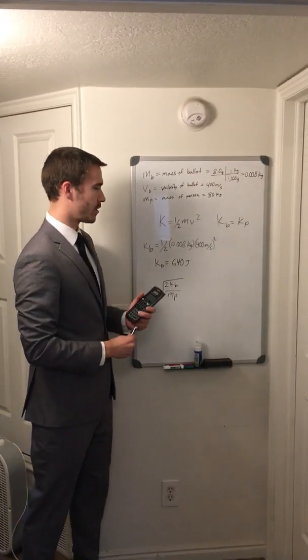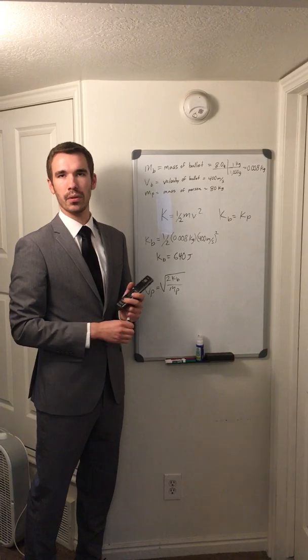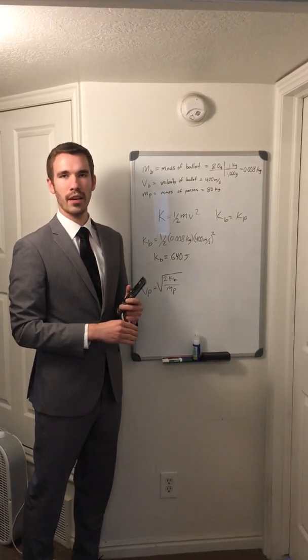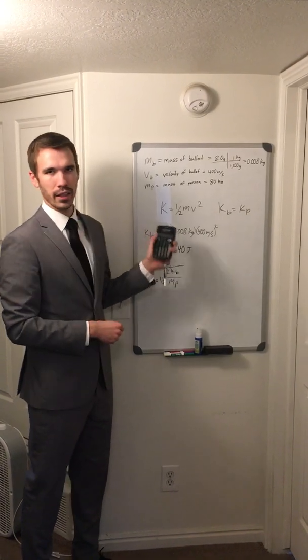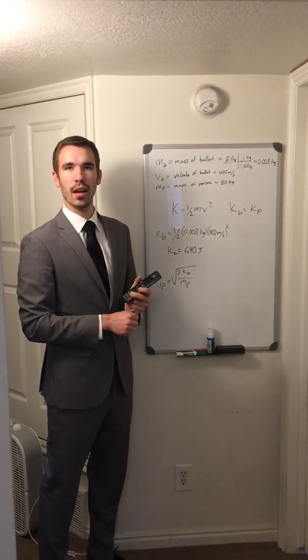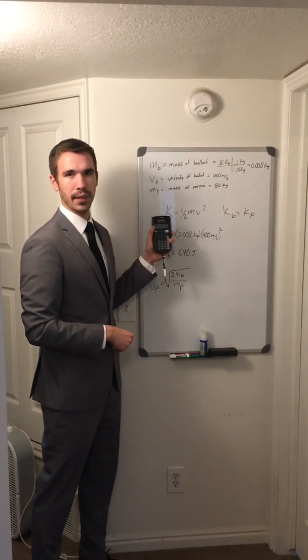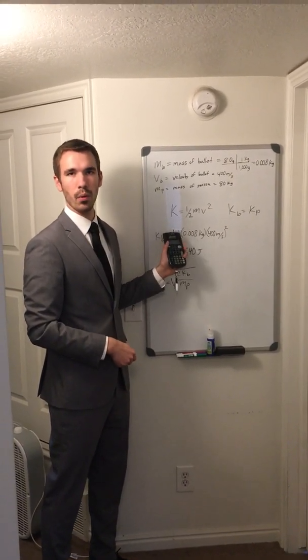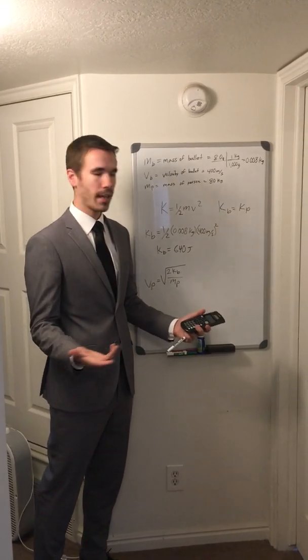We can solve for the speed the person would have to be traveling by using this same formula, but rearranging it to solve for velocity instead of kinetic energy. Then we just input the kinetic energy of the bullet in place of the kinetic energy of the person, because they should be the same at the end.